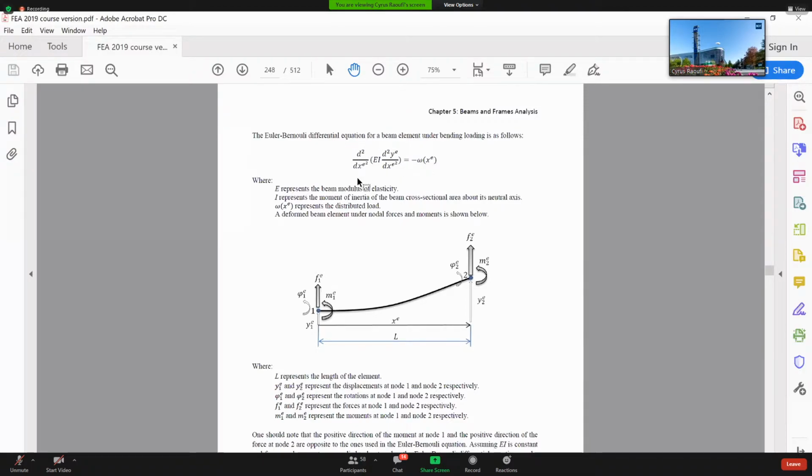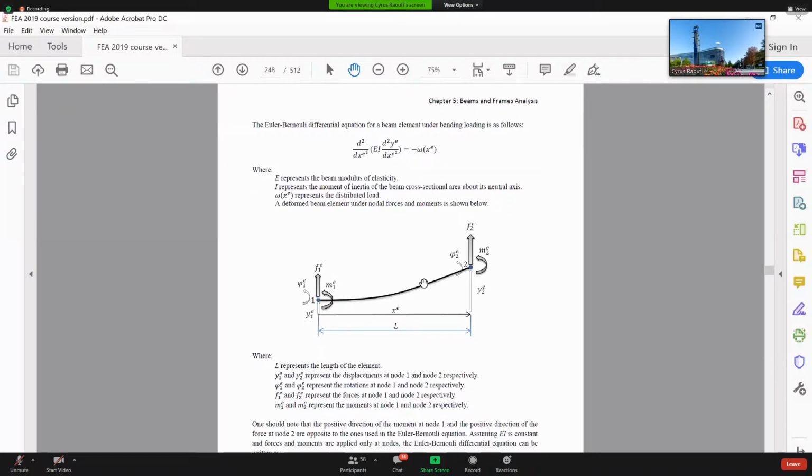Now, if you look here, I'm going to draw a beam, and I'm looking at just one element, so there are two nodes, node number 1 and node number 2. I'm going to say the length of this element is L. The displacement at node number 1, I call Y1, and the superscript e represents element.